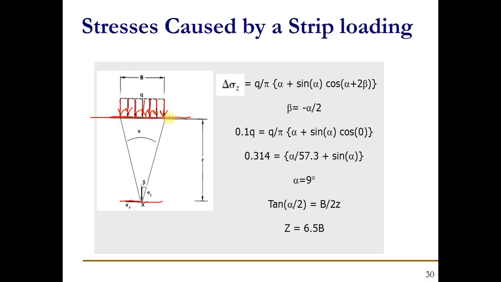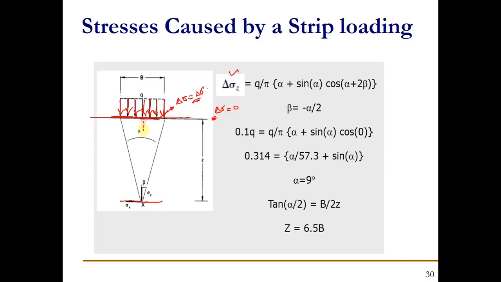Now, if we are asked what is delta sigma in here, that would be 0. But if we are asked to find out delta sigma value just beneath this uniform pressure, this will be equal to delta sigma. Or we can say that it's 100% of that Q value.